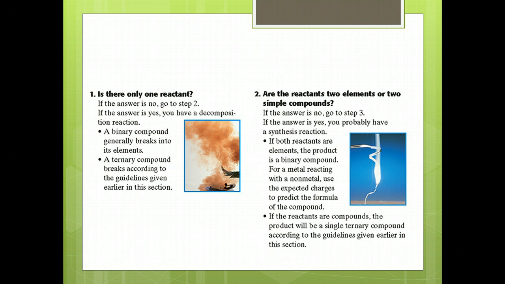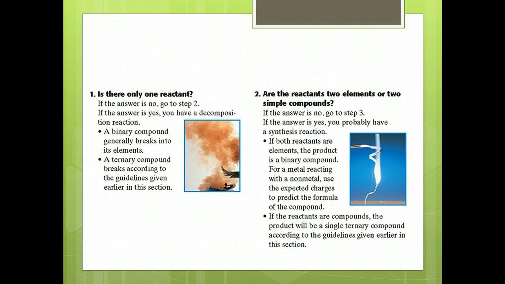For a metal reacting with a nonmetal, use the expected charges to predict the formulas of the compounds, just like you did in the last chapter. If the reactants are compounds, the product will be a single ternary compound according to the guidelines given earlier in the book. So you would have to look that up. The more you practice with this, the easier it gets. I know it sounds like a lot right now.